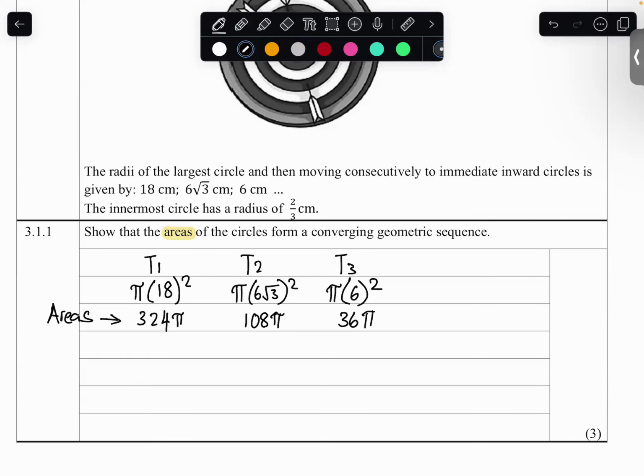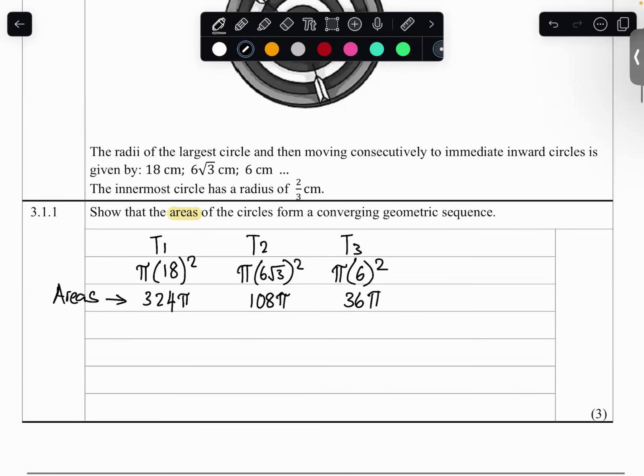Now we need to prove that it forms a converging geometric sequence, which means that we need to prove that r lies between -1 and 1. So how do I calculate that? r is equal to T2 over T1. T2 is 108 pi over T1, which is 324 pi.